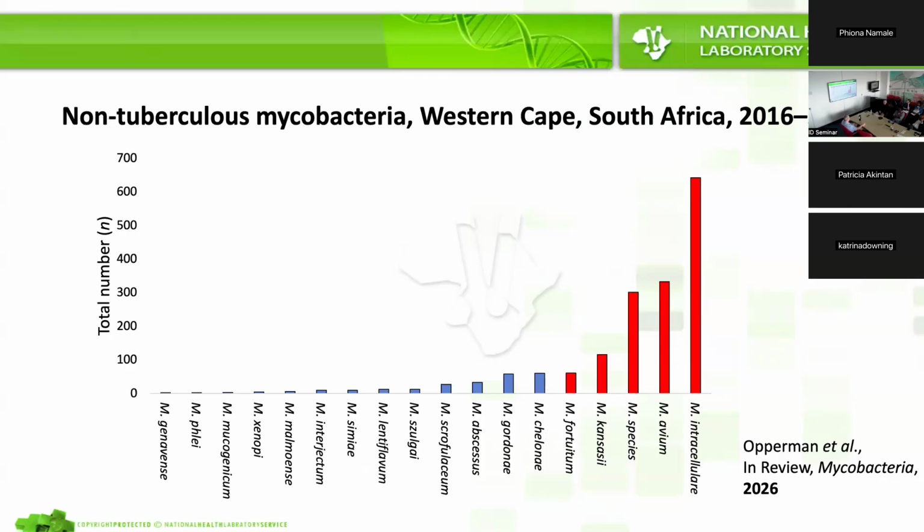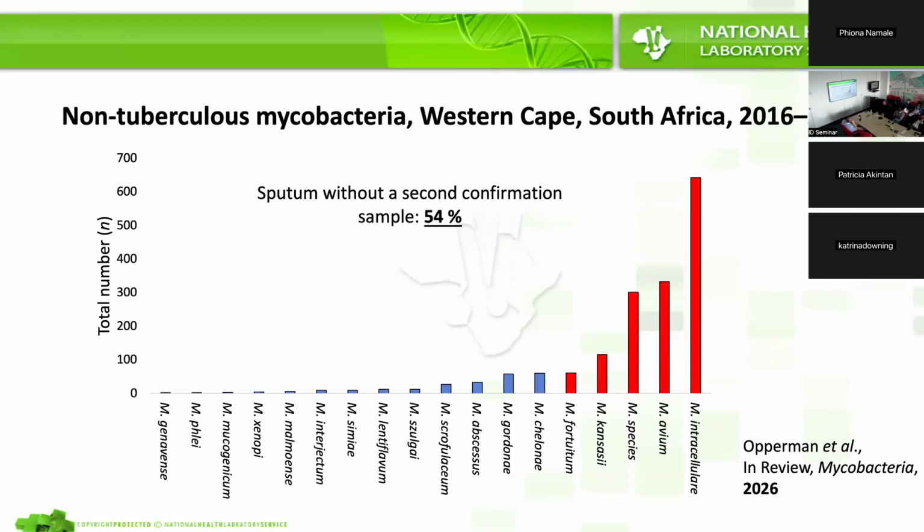This is done from line probe assays, and as the registrars will know, there are some caveats to that as well. The line probe assays can't distinguish massiliense and chelonae and some of the other subspecies as well. Following that, we see a lot of unidentified species, then xenopi and fortuitum.